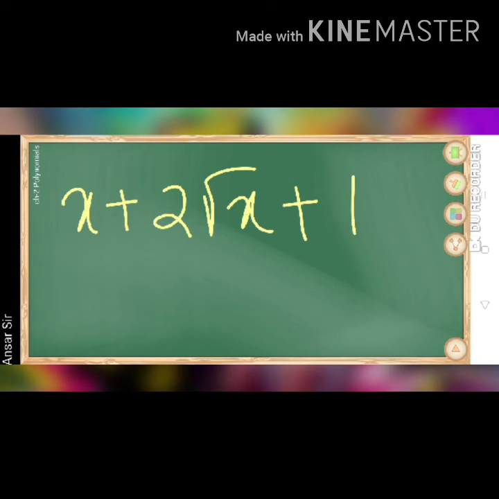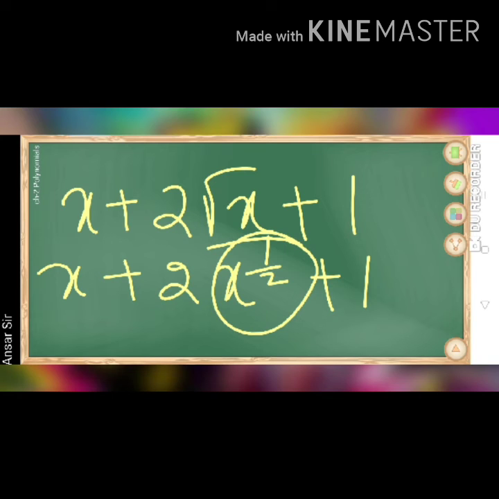Let's see another example. x plus 2 root x plus 1 is also not a polynomial. Why? Because root x can be written as x to the power 1 by 2, so the exponent of this variable is not a whole number.